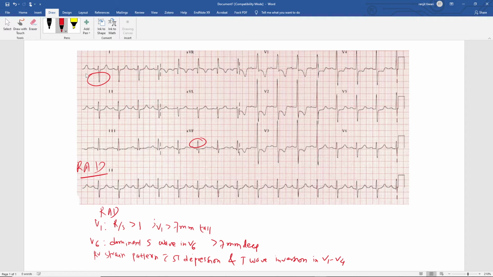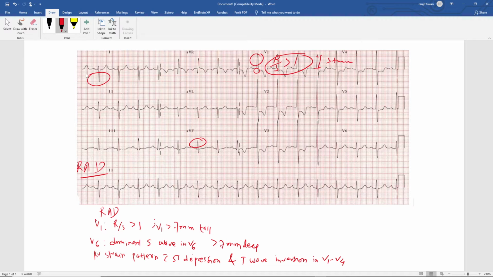In the V1 lead you can see the R to S ratio. Here the R to S ratio is greater than 1. So R to S greater than 1 is another criterion, and here you can count the length of this R, about 10, so greater than 7 mm.